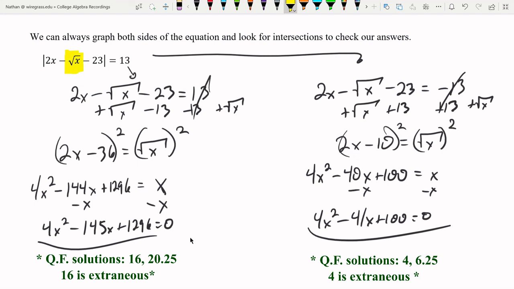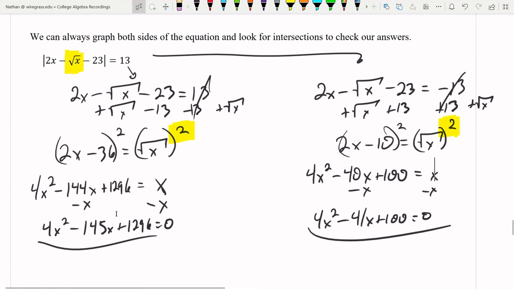Typically that happens when you're solving for the square root and you take the square. That gives you an extra solution normally. So I would expect two of the solutions, one from each quadratic equation, to be a fake solution, and there's actually only going to be 2 solutions in total.